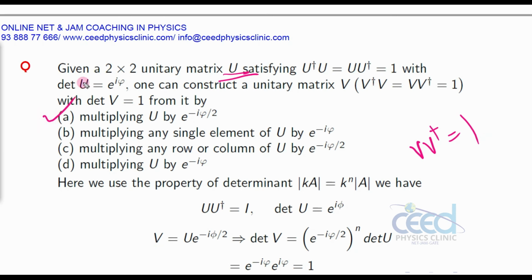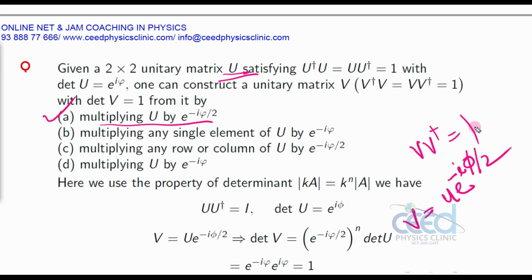My first option is multiplying U by e raised to minus i phi by 2. So suppose V is U times e raised to minus i phi by 2; then determinant V should be 1, and that should be the answer.